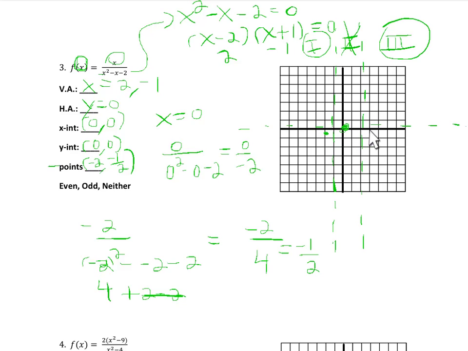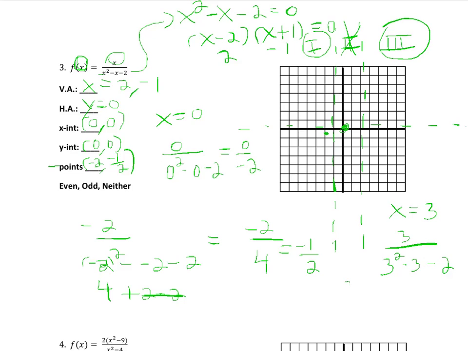So I'm just going to go 1 to the right here. I'm going to plug in x equals 3. All right, if I plug in x equals 3, I'm going to squeeze this in right here. I'm going to have 3 over 3 squared minus 3 minus 2.